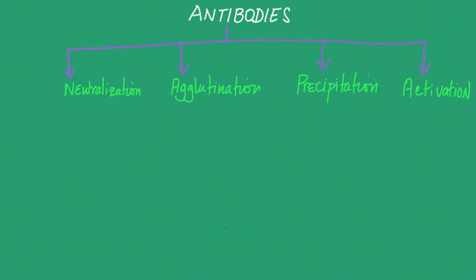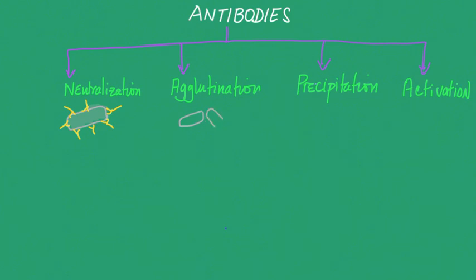The first is neutralization. The antibodies surround the pathogen, they find the antigens on the pathogen and attach themselves to the pathogen. So here's the pathogen shown in gray. It has antigens on it, and the yellow antibodies that we see here attach themselves to the pathogen, thereby rendering them ineffective.